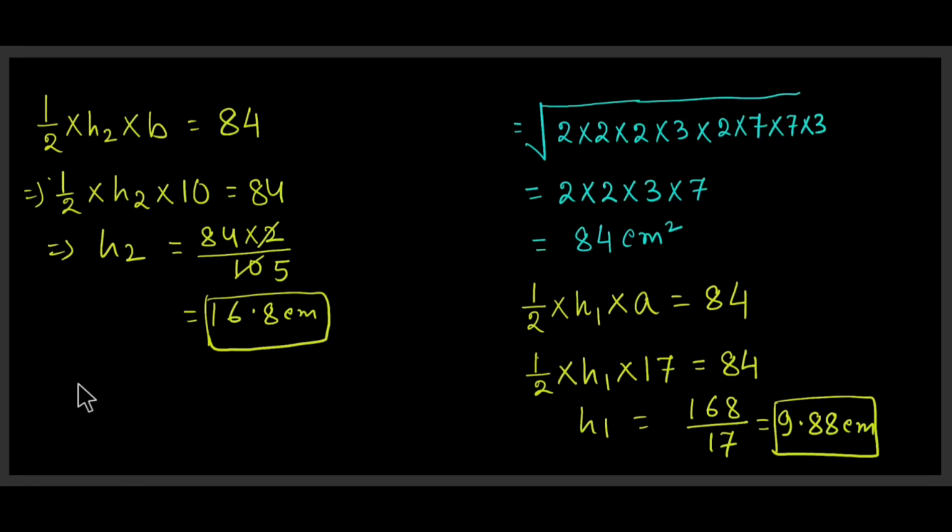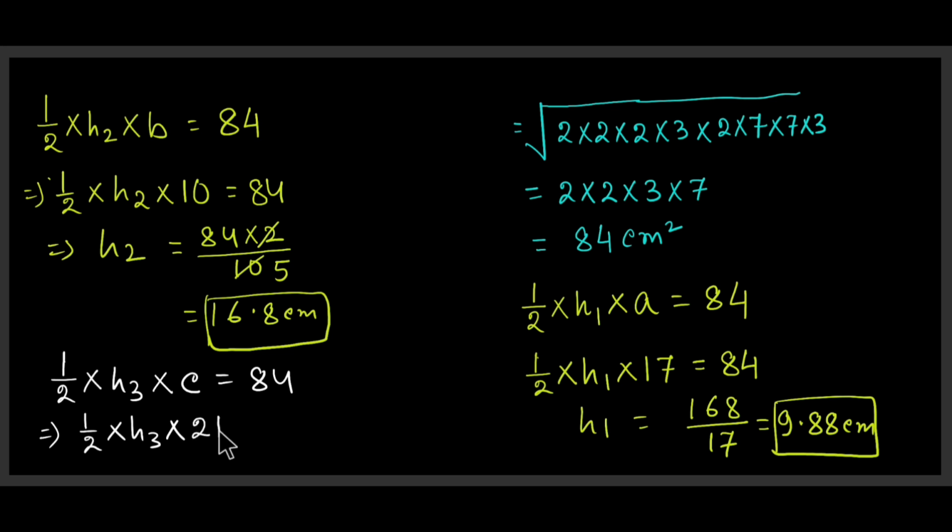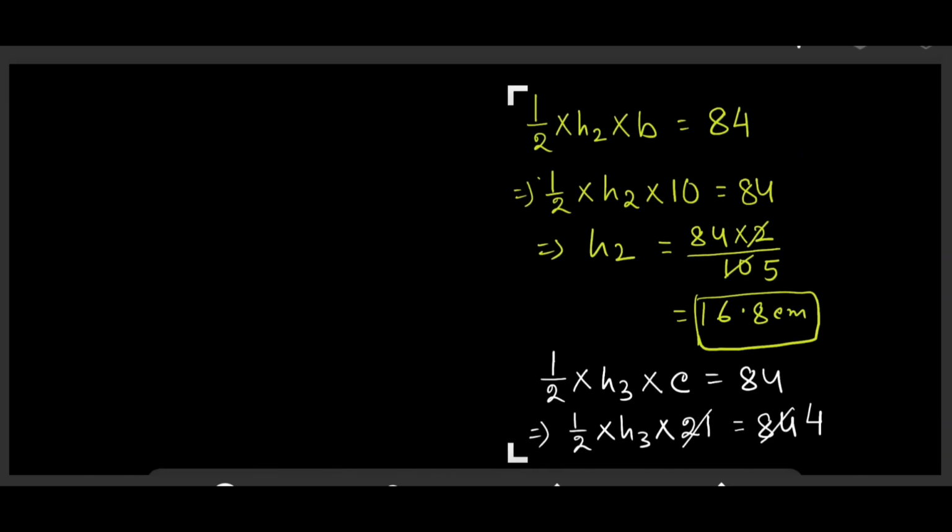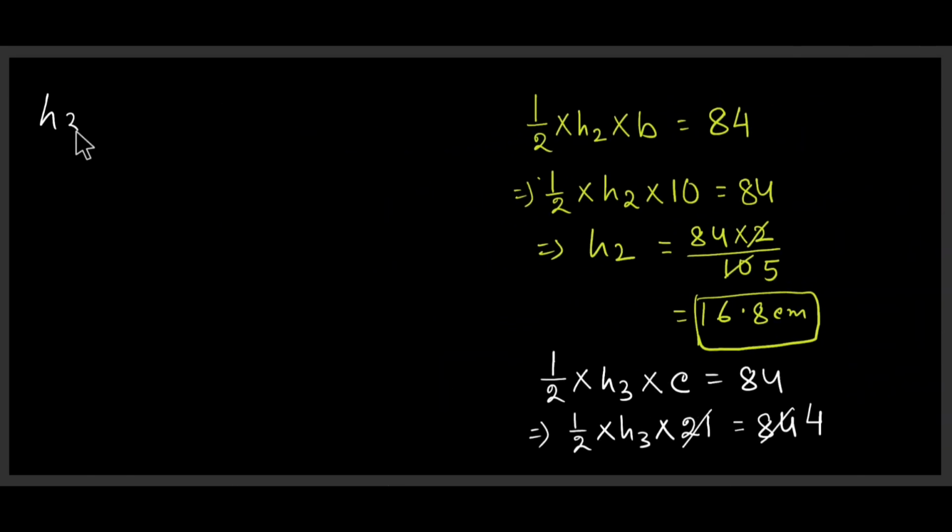Now in the same way, 1 by 2 into h3, which is the altitude to c, equal to 84. Now half into h3 into c, we assume that c is 21, so it is equal to 84. Now 21 4s are 84, and h3 must be 4 into 2 equal to 8 centimeter.